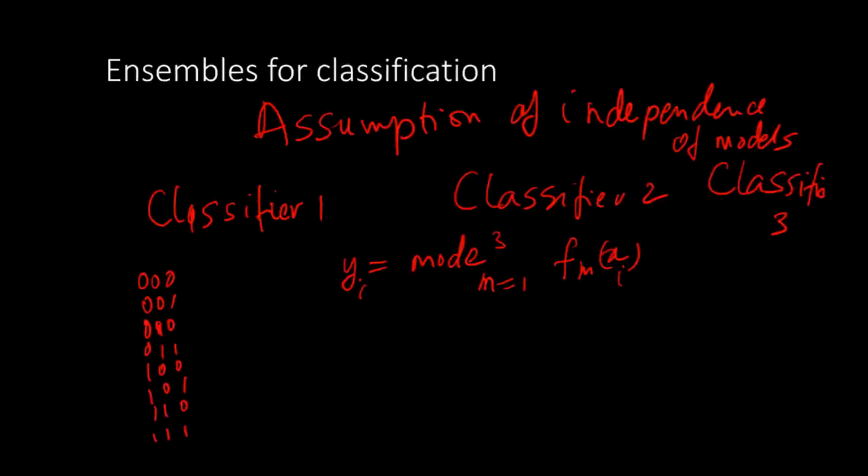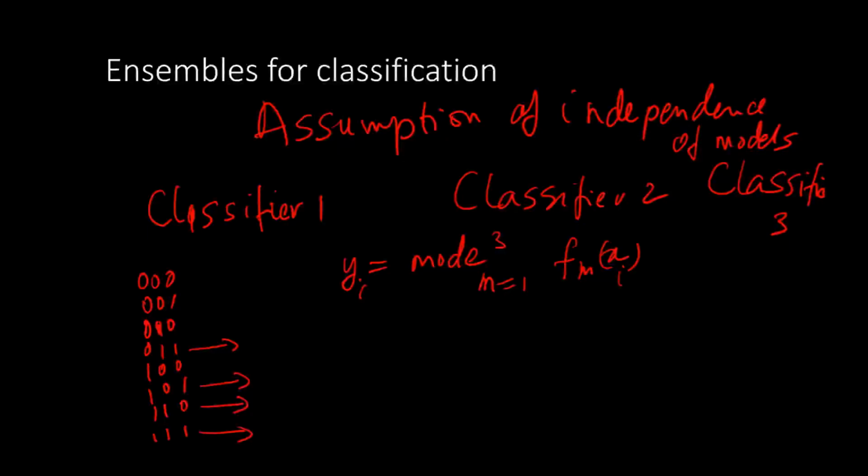So let's say the actual class is 1. Now we want at least 2 of them to give us 1. So which ones are going to give us a correct answer? This one, this one, and this one. These 4 are going to give us the correct answer.